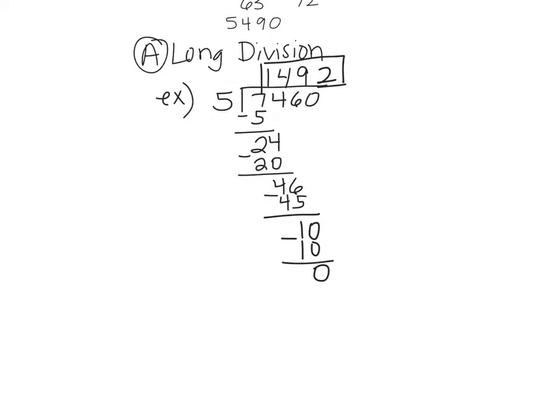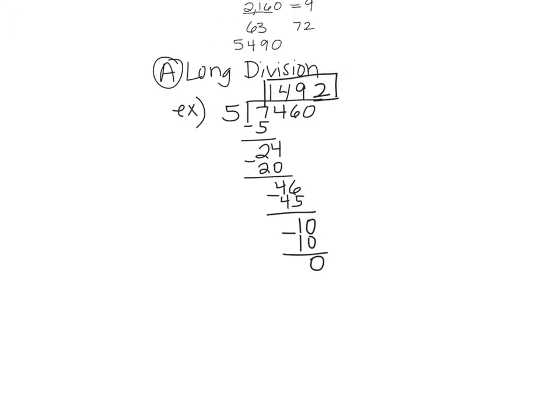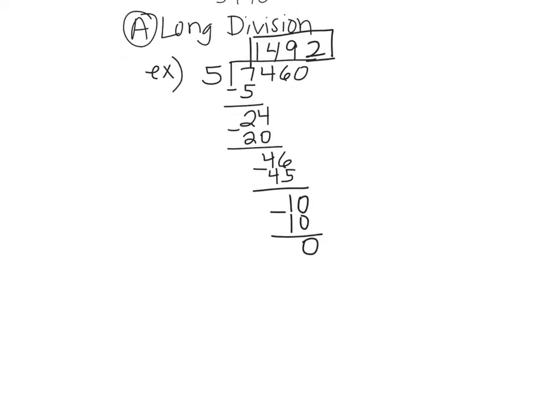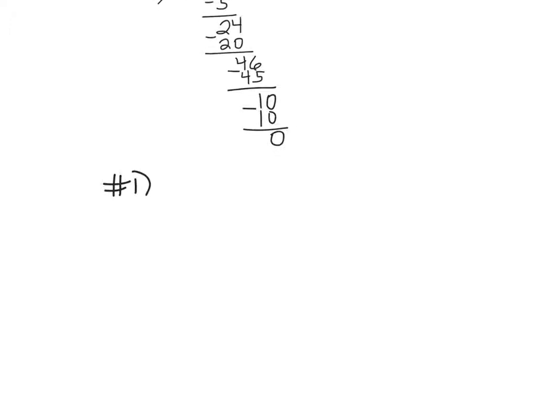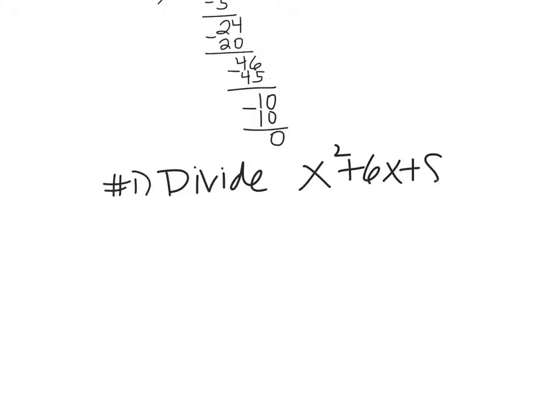Now, we're not going to do this, of course, because this is 4th grade math, 5th grade math, whatever. We're going to do Algebra 2 math. We're going to do something like this, the real number 1. We're going to divide x squared plus 6x plus 8 by x plus 4.